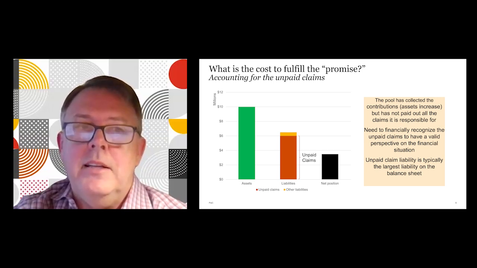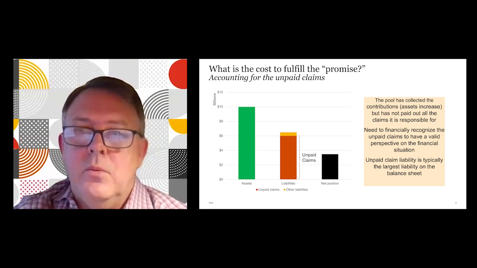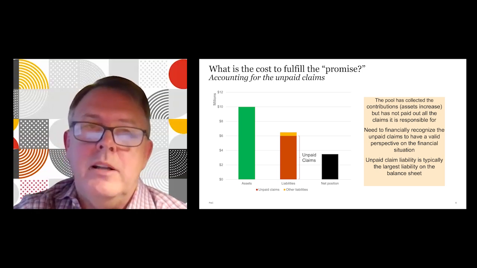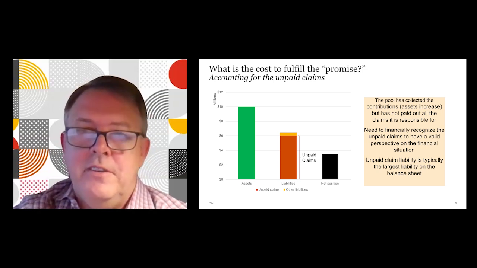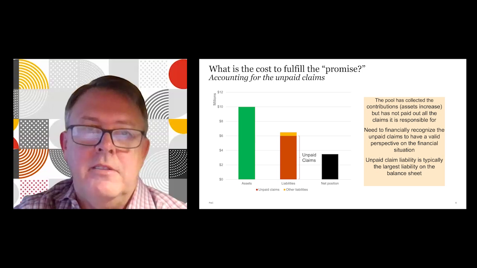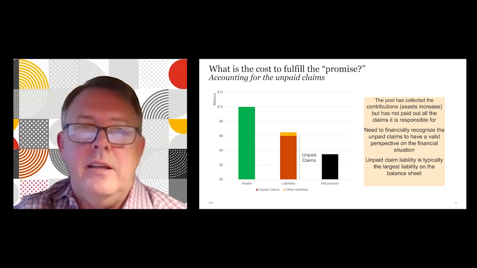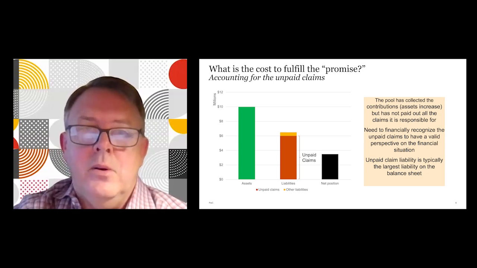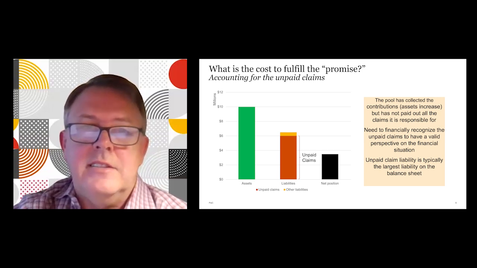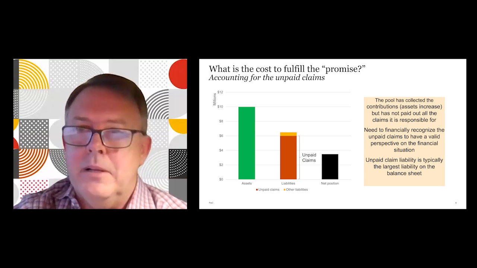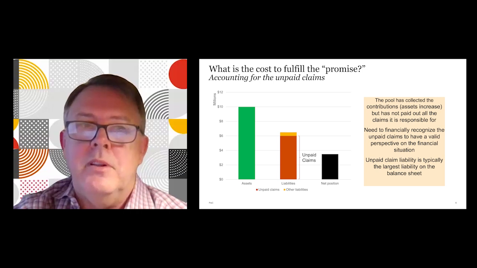So on the liability side, they need to recognize what is the cost for us to fulfill the promise. You need to financially recognize the unpaid claims in order to have a valid perspective of what your financial situation is. You can't just count the assets and act like you don't have the liabilities. You have to account for both.